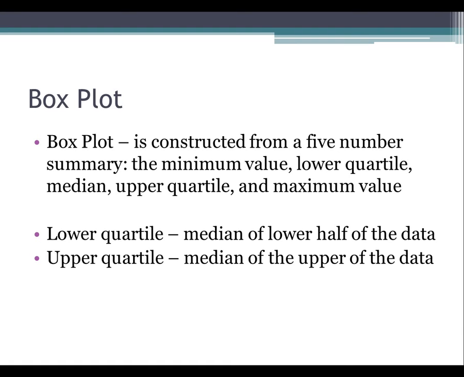So it's like the median of the median. Middle of the middle is a 4th, hence quartile. Should we put median of the upper half of the data? Yeah, put upper half. There's a typo there. It should be upper half.